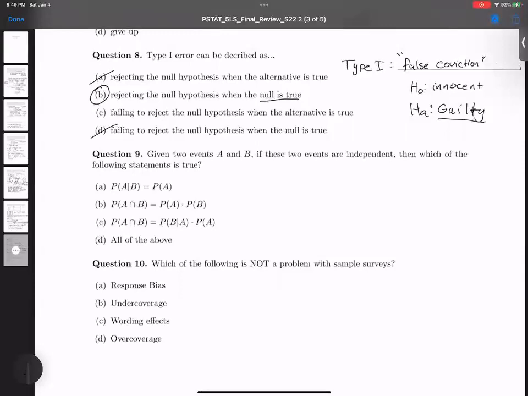Probability of A given B is the probability of A. Probability of A and B is probability of A times the probability of B. Probability of A and B is probability of B given A times the probability of A, or D, all of the above. Again, take a minute and then put your answers in the chat.